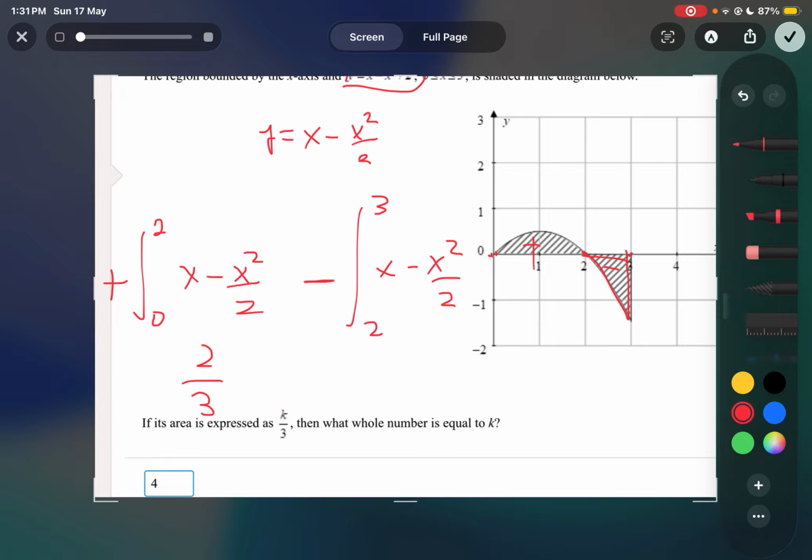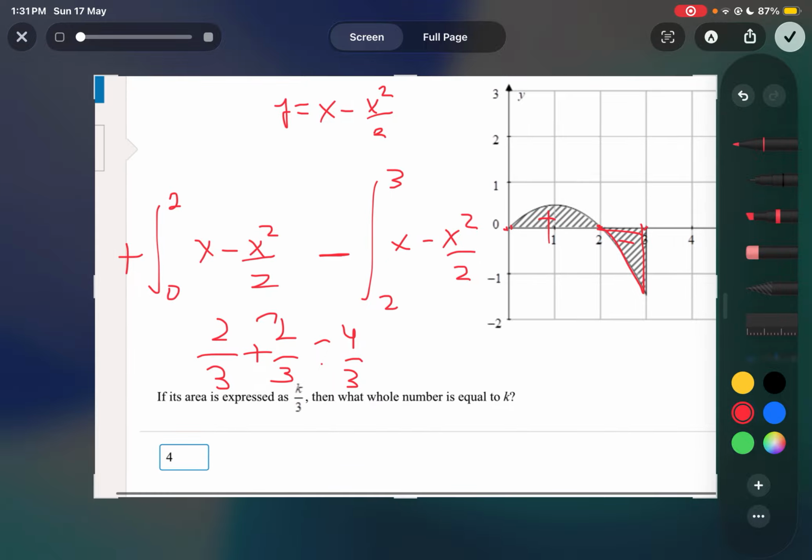Okay, and then you do minus the integral of 2 to 3 of x minus x squared over 2, which is also 2 over 3, so plus 2 over 3. So 2 over 3 plus 2 over 3 is equal to 4 over 3, as you see here. So the answer is 4 over 3.